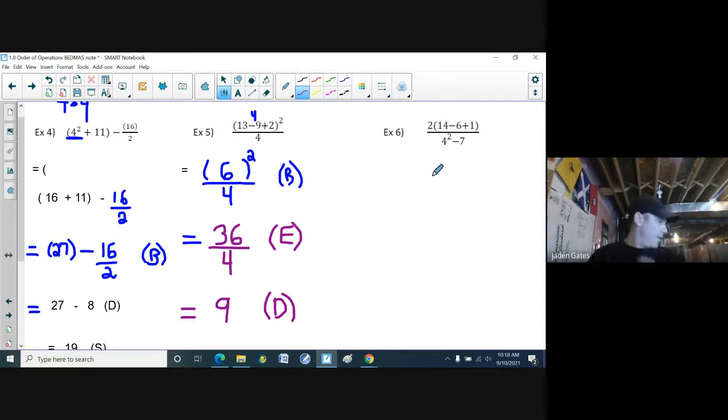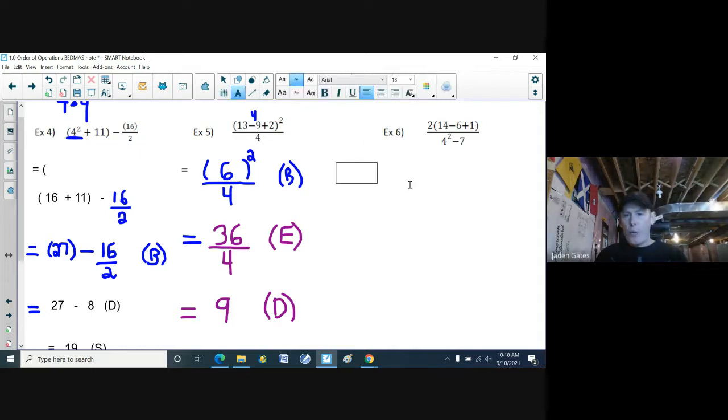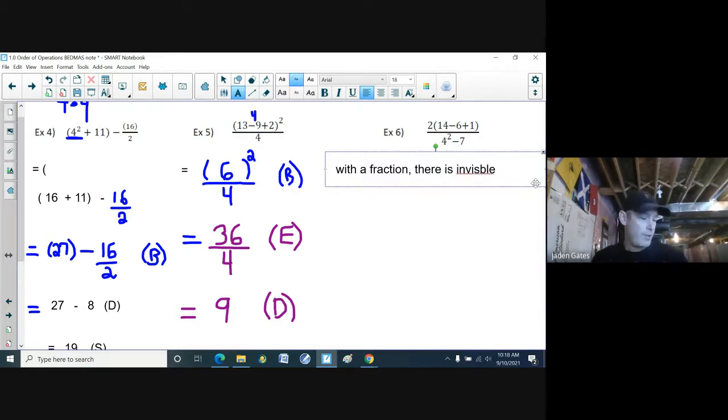Now, here's something key with this one: with a fraction, there are invisible brackets on the top and bottom of the fraction.